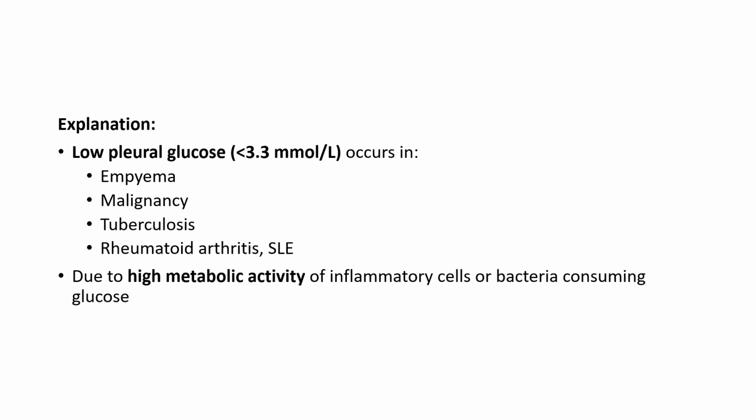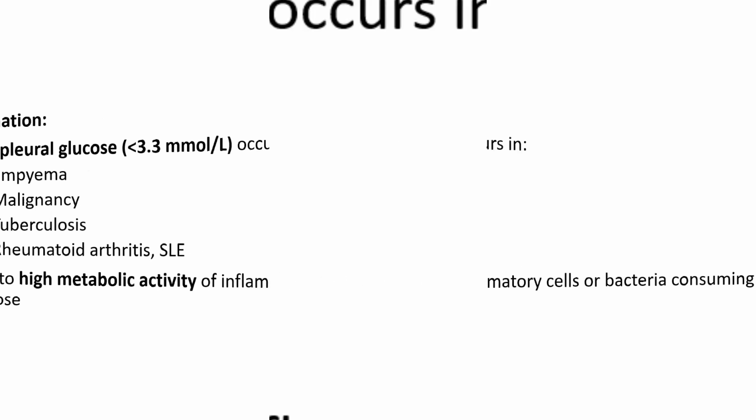Low pleural fluid glucose, usually less than 3.3 millimoles per liter, occurs in empyema, malignancy, tuberculosis, rheumatoid arthritis, SLE. Bacteria and inflammatory cells consume glucose. So, very low pleural glucose will suggest empyema.